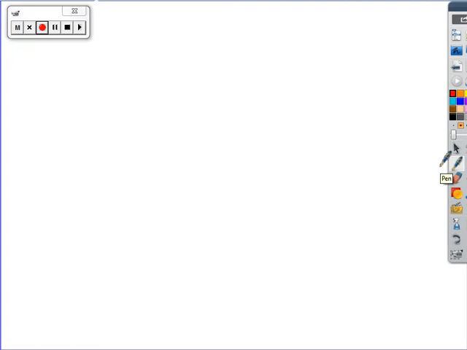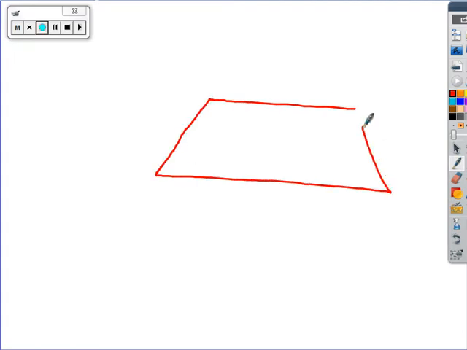Okay, so this is a trapezoid. I have always thought that the trapezoid looks like a circus tent. Right? What do they do in the circus? There's elephants in there. They do tricks. That's all I know.